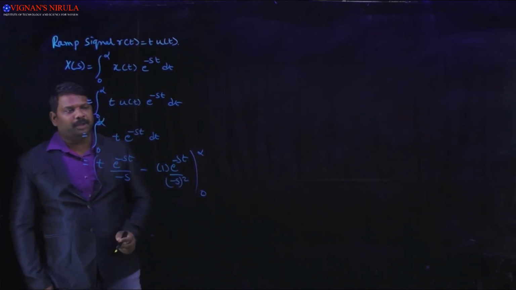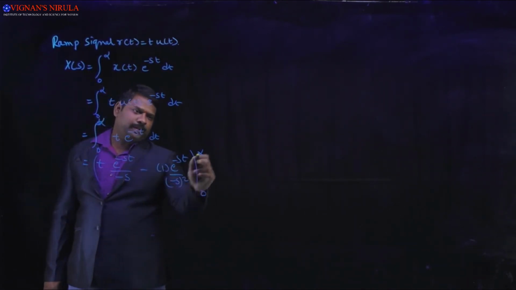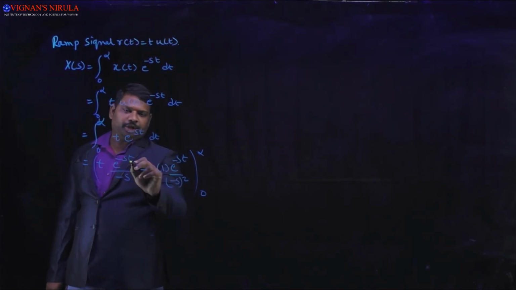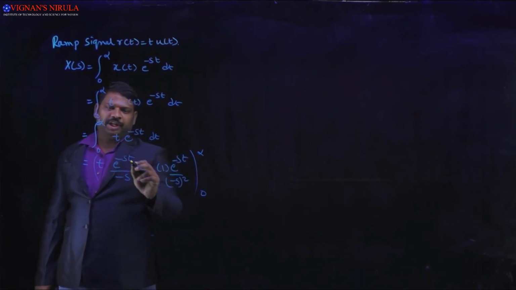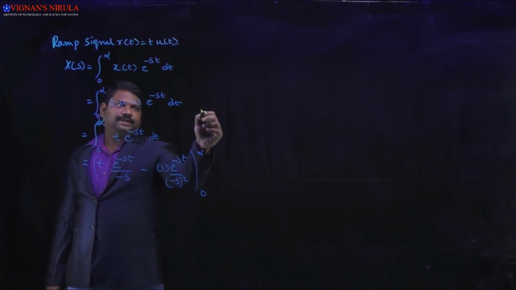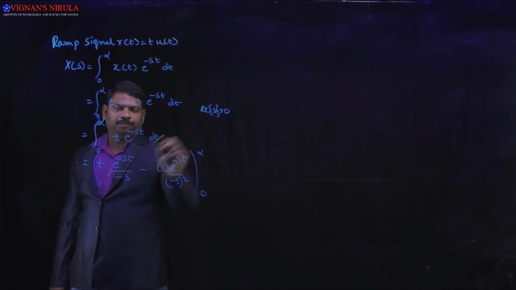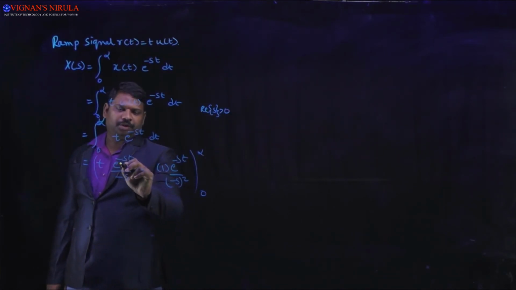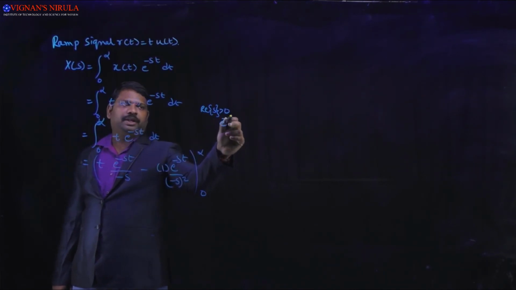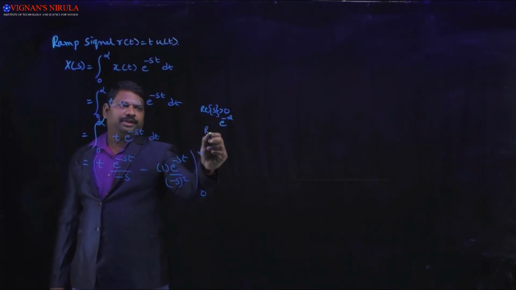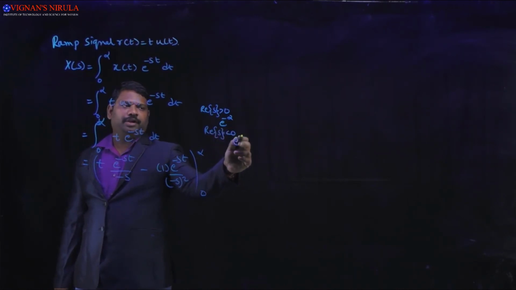Here also, when we put the upper limit on the two exponentials, that is infinity, it depends upon the value of s. If Re of s is greater than 0, then we get e power minus infinity. Whenever Re of s is less than 0, we get e power infinity.